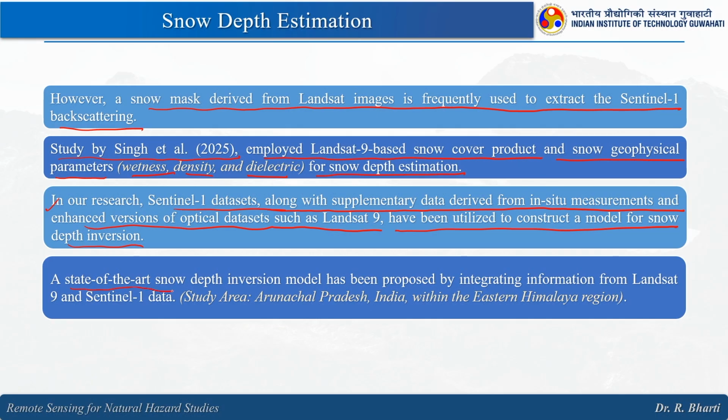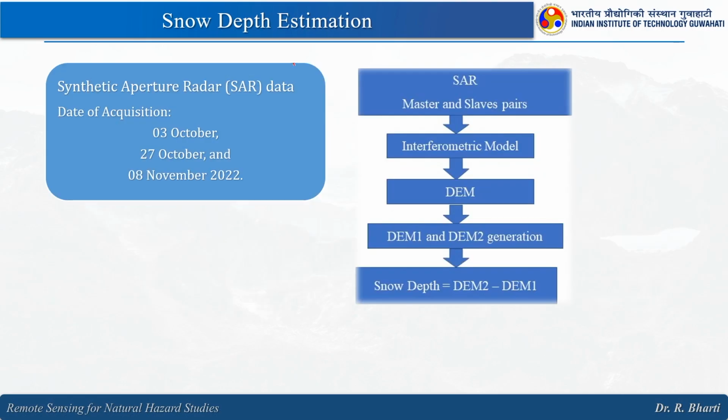So, a state of the art snow depth inversion model has been proposed by my group, integrating information from Landsat and Sentinel-1 data. Here our study area was Arunachal Pradesh in India, which is from the eastern Himalayan region, right. So, here you can see the SAR data which is used to generate the digital elevation model. Let us say this is time 1, T1, and this is time T2.